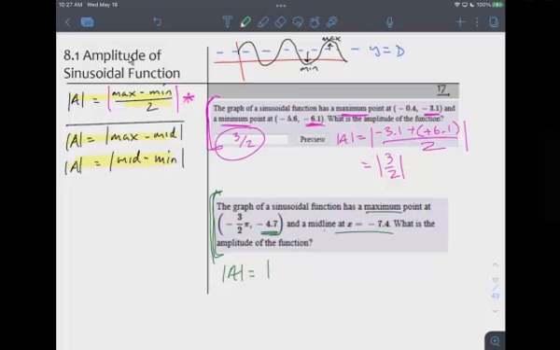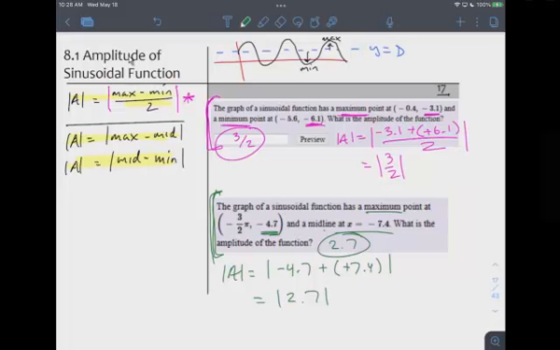So if we took our maximum, negative 4.7, and we subtracted the midline, which is negative 7.4, and simplified, subtracting is equivalent to adding the opposite. And so if we took 7.4 and subtracted 4.7, we get a total of 2.7. And so that would be our amplitude.